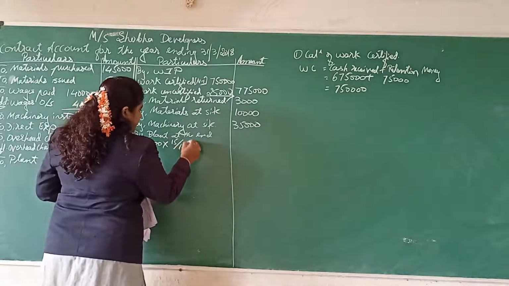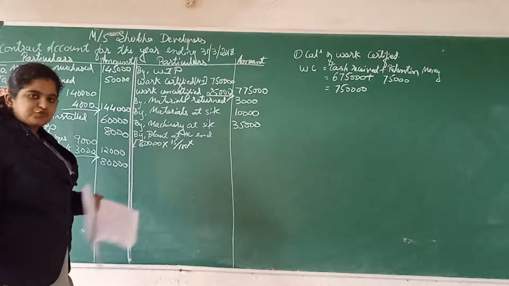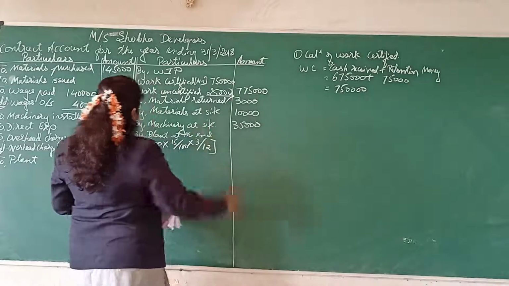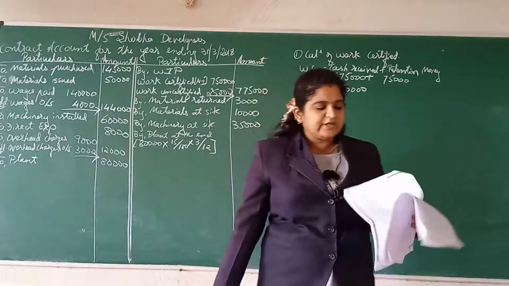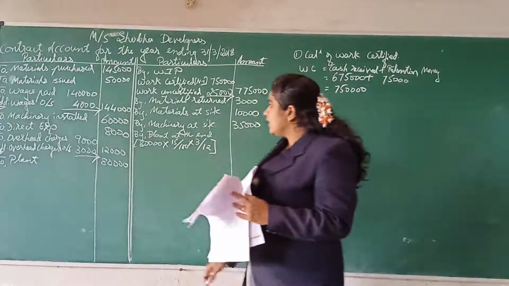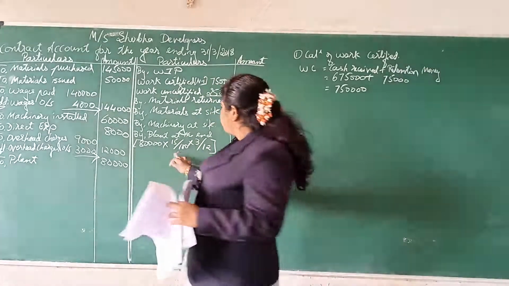15 divided by 100 into, okay, now which is used for only 3 months. So 3 divided by 12. 80,000 into 15% into 3 divided by 12. Okay, so here it will be 3,000.